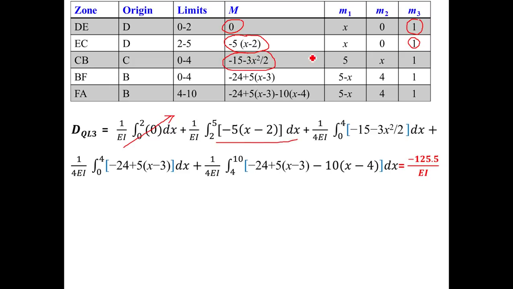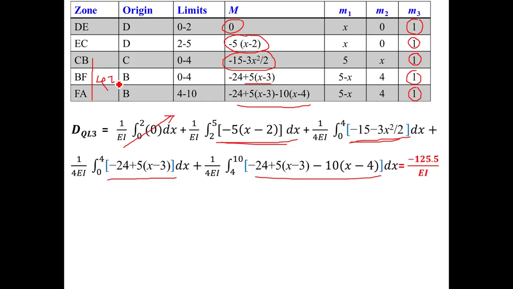Third zone, again this moment into M3 is 1. So this is capital M into M3. This is for fourth zone and this is for fifth zone, 1 by 1. Okay. So M3 is 1 for all zones, so this will not come. Only in integration there is a capital M term. Okay. For three zones, last three zones, EI equal to 4EI.